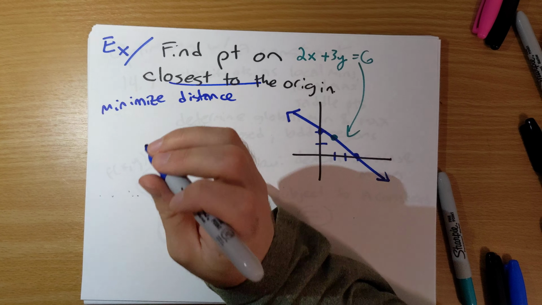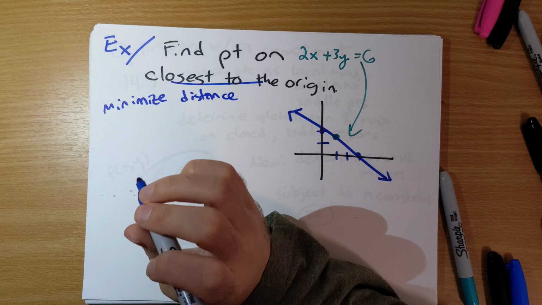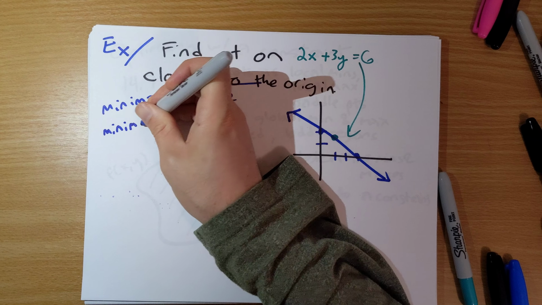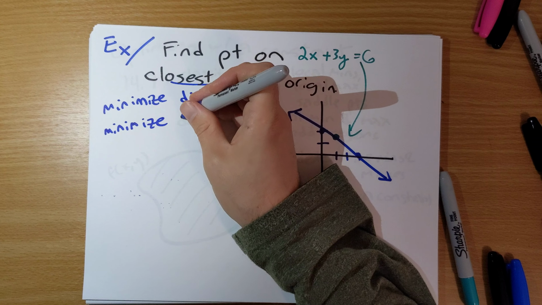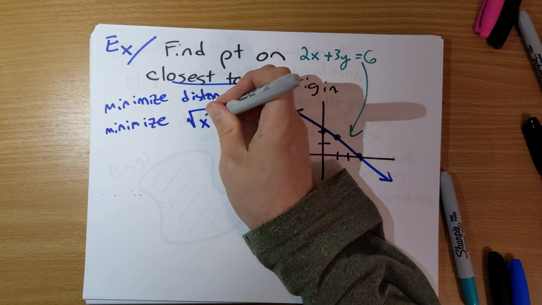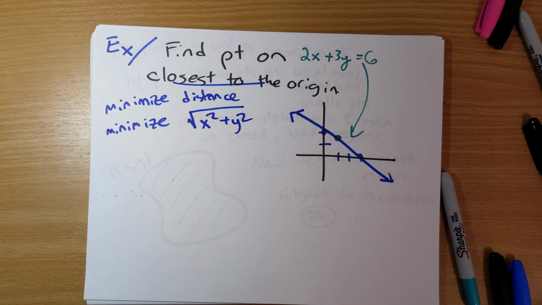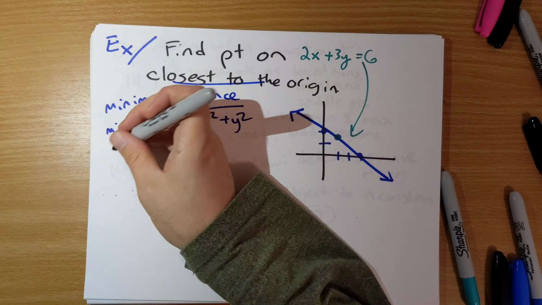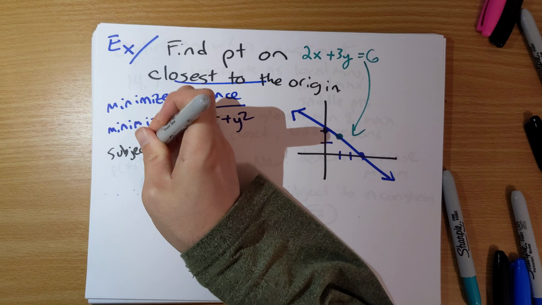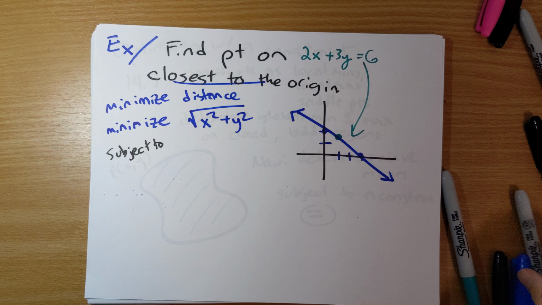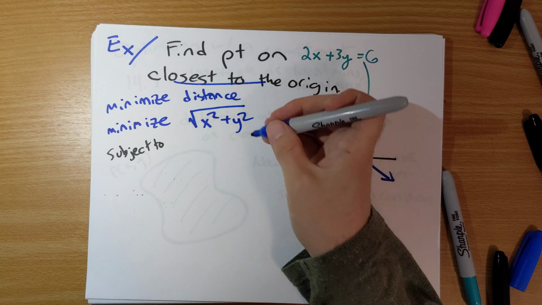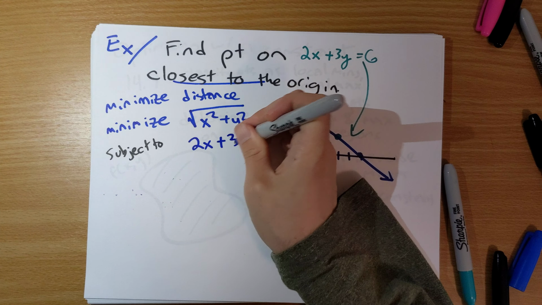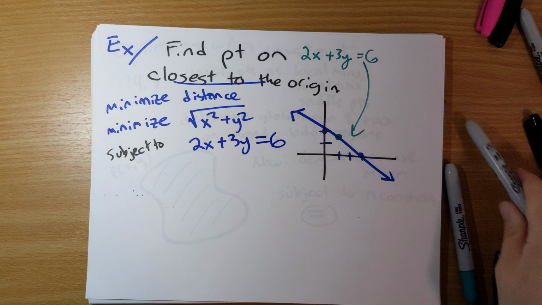But minimizing distance means that we know our distance formula. We want to minimize the square root of x squared plus y squared, this is the distance from a point x, y to the origin, subject to the constraint that our point falls on 2x plus 3y is equal to 6.